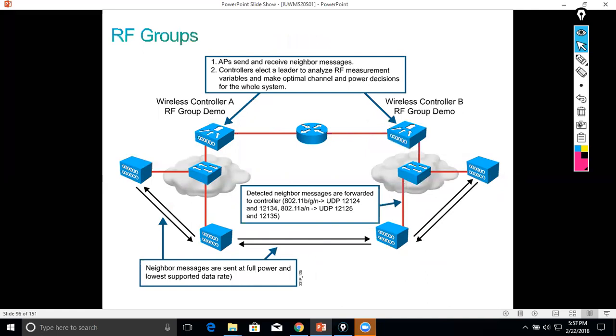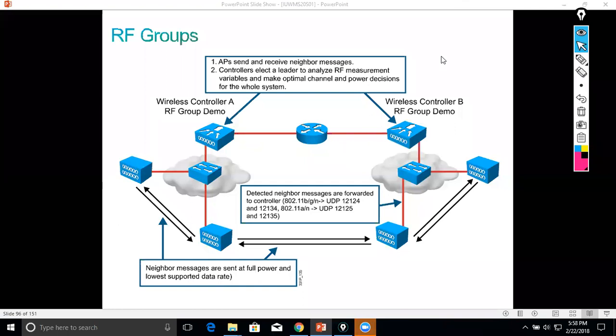Then the controllers elect a leader to analyze RF measurement variables and make optimal channel and power decisions for the whole system. That leader decides what RRM decision is forwarded to a particular controller.